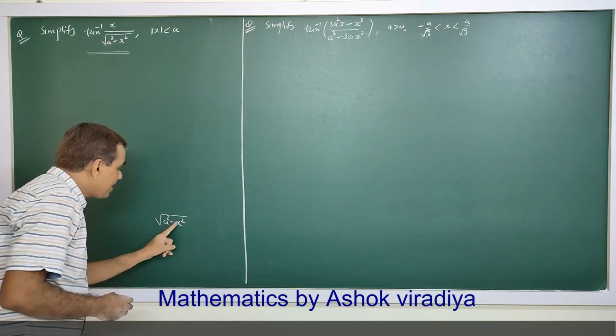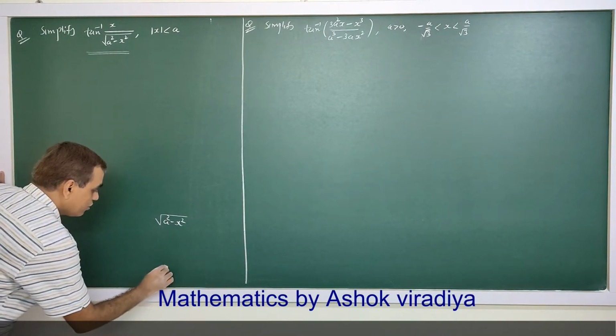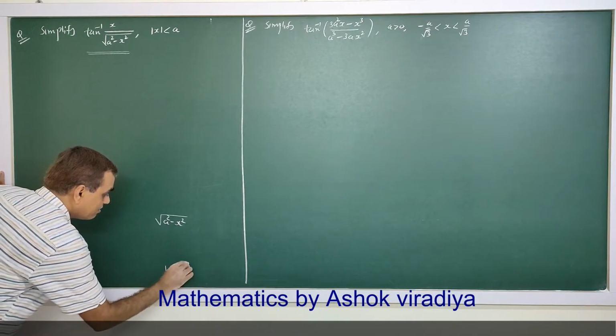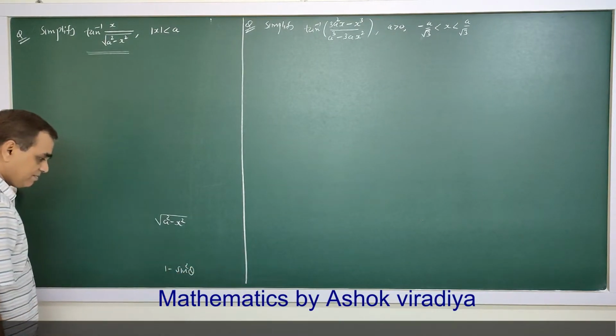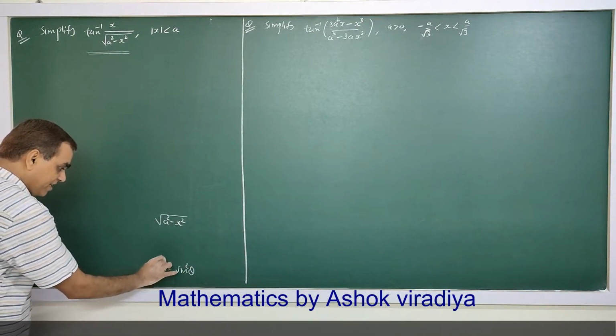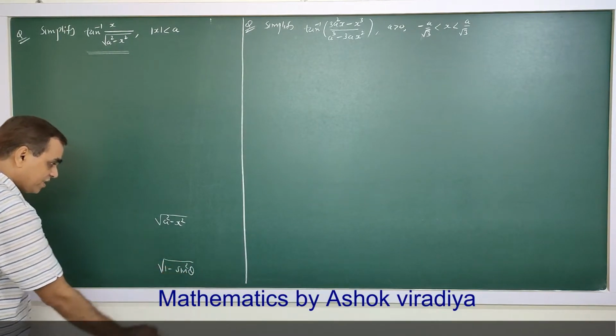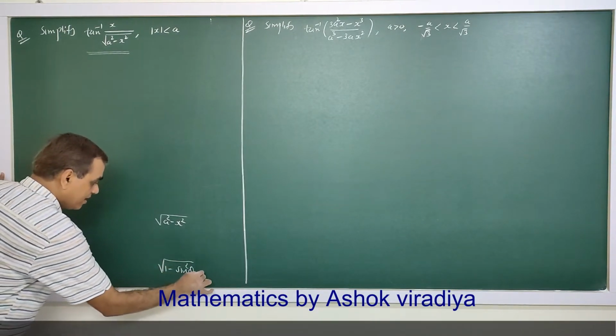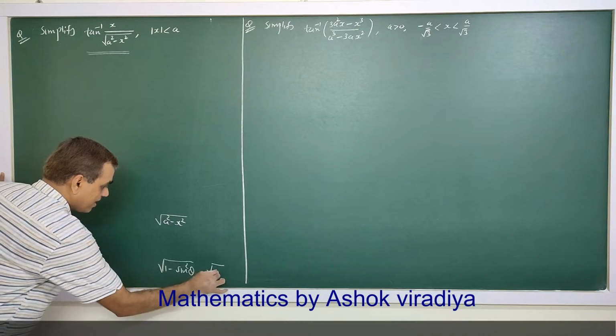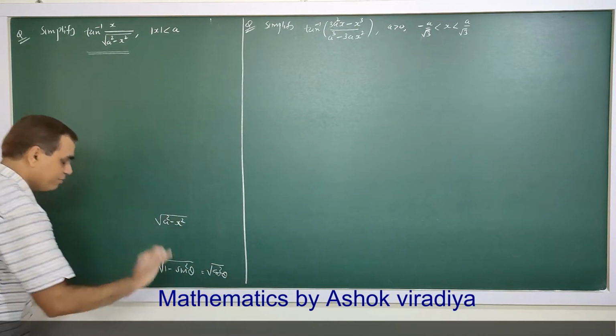Here a square minus x square is given, so we can match it with 1 minus sine square theta. If we can create the square root of 1 minus sine square theta, then it will be the square root of cos square theta, and the square root can be removed.